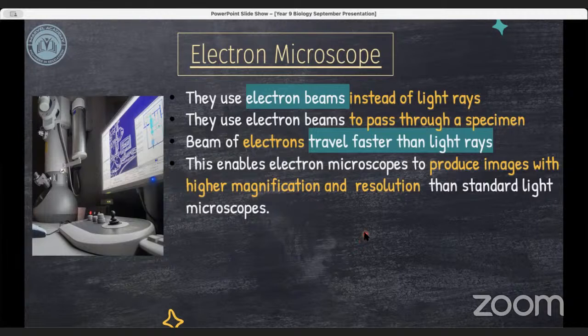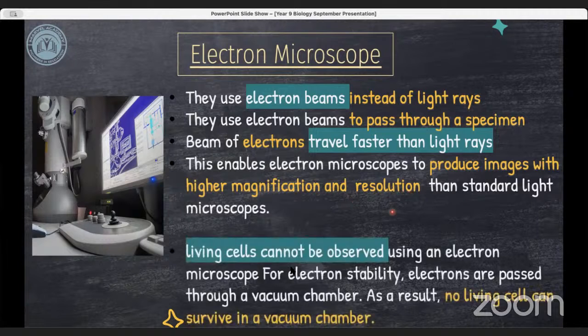So that is a little bit detailed information for your knowledge. Remember that this beam of electrons travels faster than light, and this enables the electron microscope to produce images with a higher magnification and a higher resolution. And living cells cannot be observed.